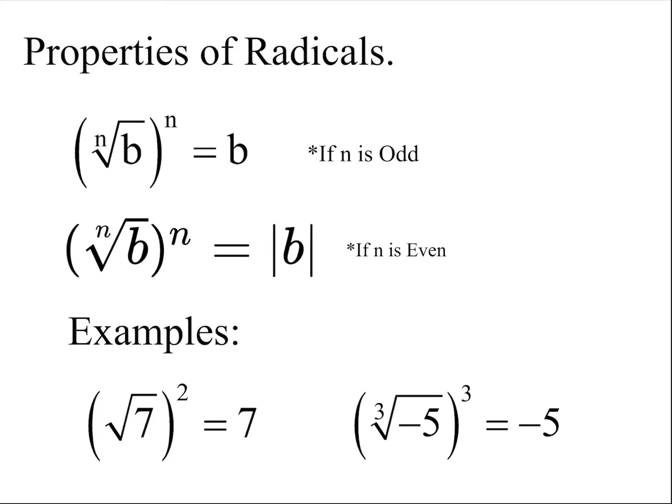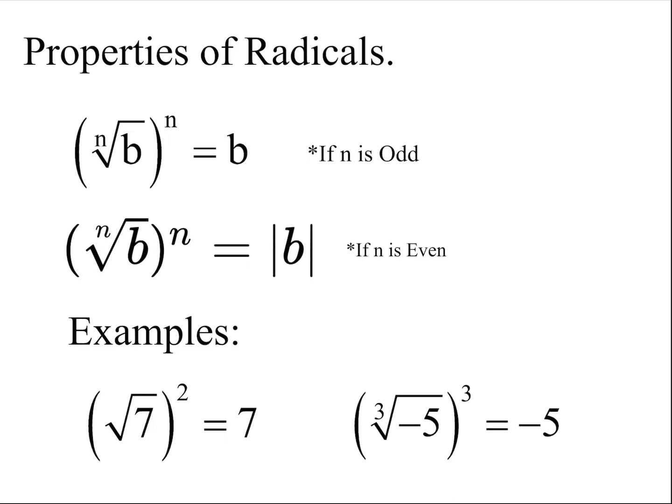So here are some properties of radicals. This has changed up a little bit from what might be taught in other classes. If I'm taking the root of a variable and I'm just trying to simplify, if n is odd, so this is the 3rd root of b to the 3rd, for example, I'm going to get b.